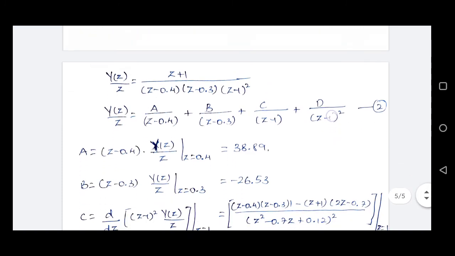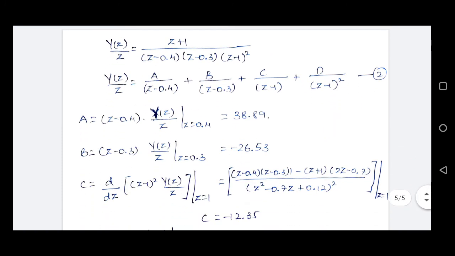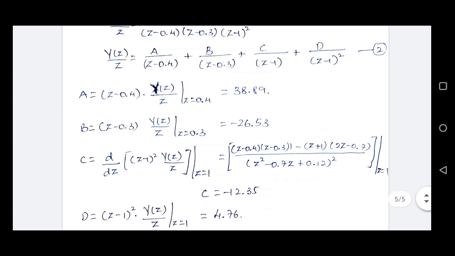So we'll express Y(z) / z = (z + 1) / ((z - 0.4)(z - 0.3)(z - 1)^2). We'll have four residues A, B, C, D, each assigned to one of the poles, and we have a repeated pole at 1. So we'll apply the partial fraction expansion method and obtain all four residues.